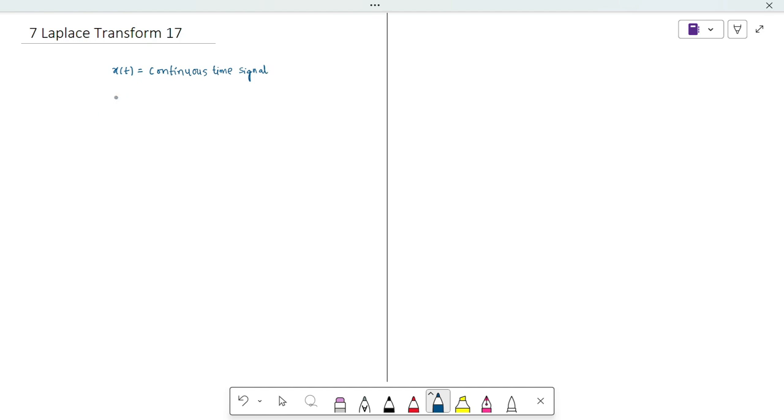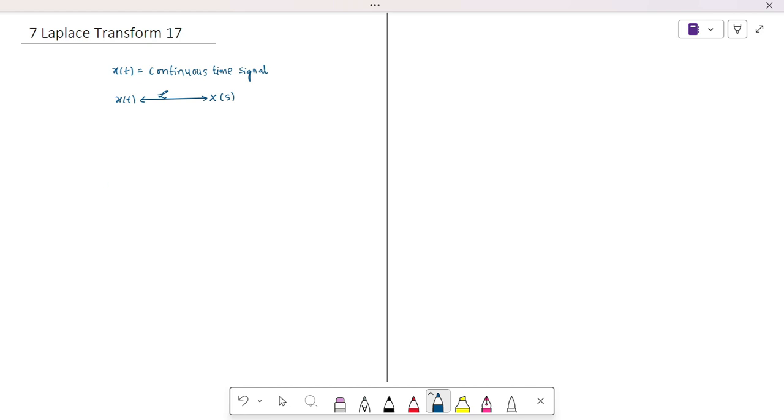So here I am writing its Laplace transform pair. So x of t, its Laplace transform is x of s.